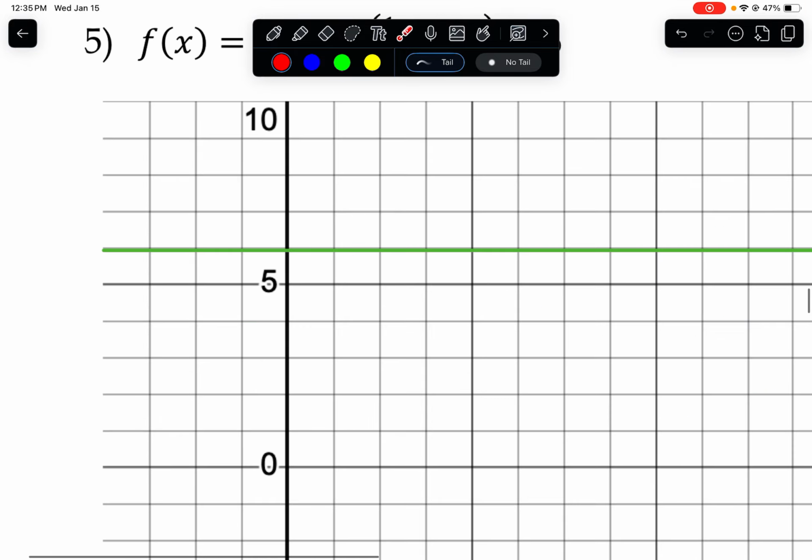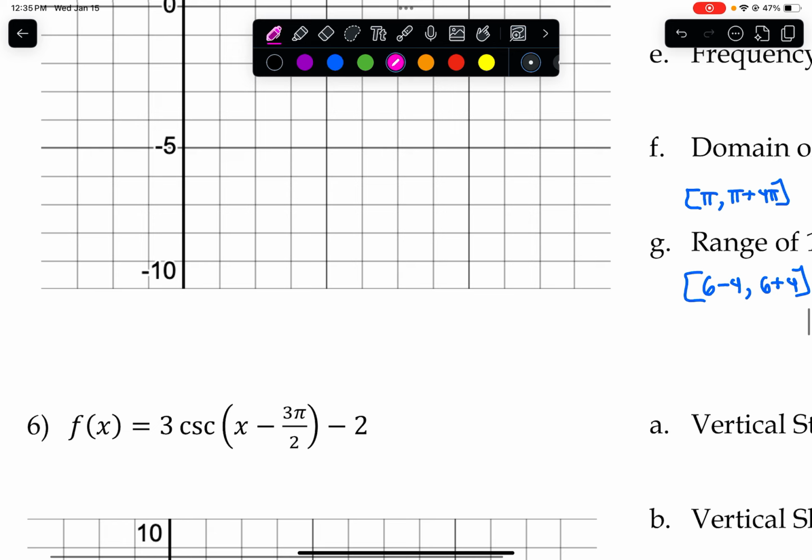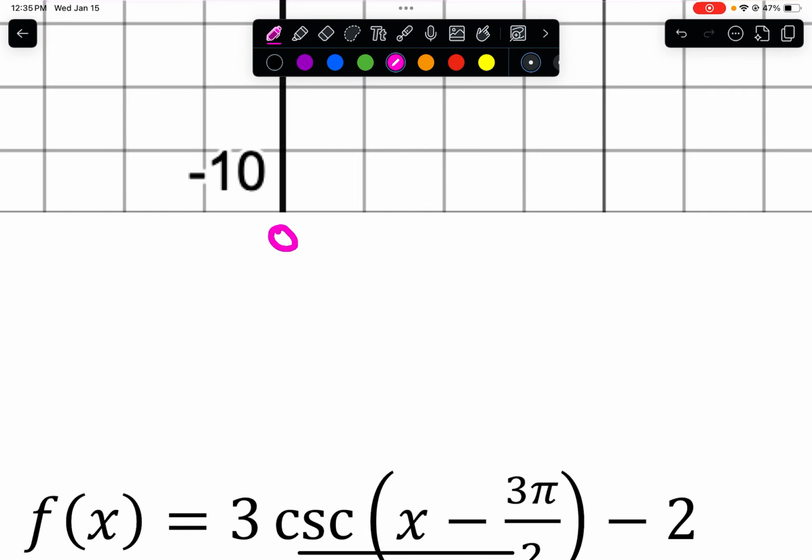Okay, so I'm going to start on the midline, and then I'm going to start 4 below. 1, 2, 3, 4. So we're going to start down here. And then we're going to go up to the middle. Did I do the scale? No, I didn't. How dare I? All right, so our scale is going to be pi.